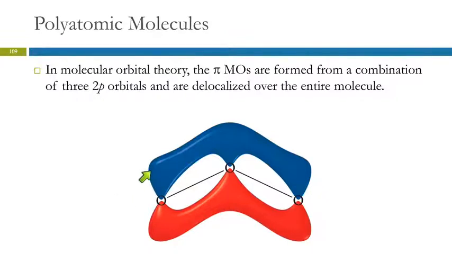But what's going to happen here is that the pi molecular orbitals are going to form from a combination of the p orbitals on each of these oxygens. And so they will combine and form a delocalized molecular orbital. It's going over the entire molecule.